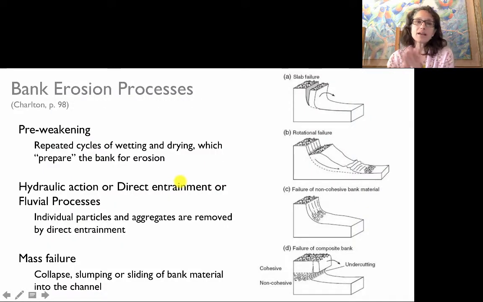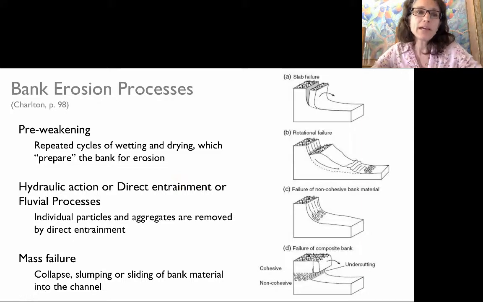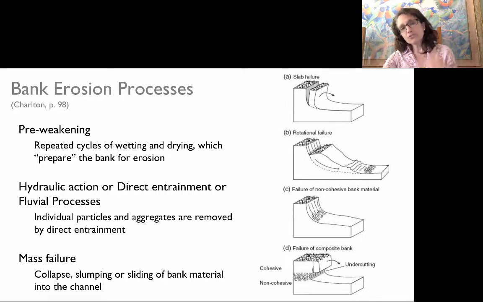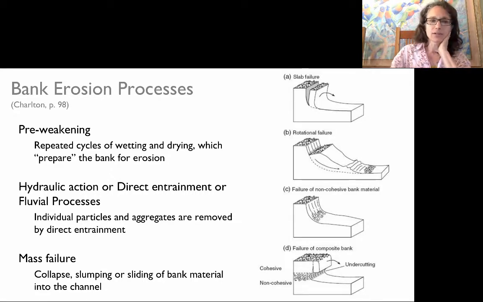All right, so the processes that lead to bank erosion. The first thing that happens is that the banks can get pre-weakened because of the flows wetting and drying. So you get repeated cycles of wetting and drying, and it weakens the bank material and gets them ready so that they can be more easily eroded. The second process is just direct entrainment of individual particles.